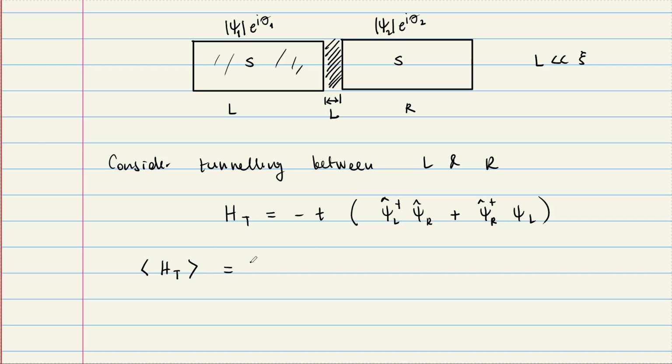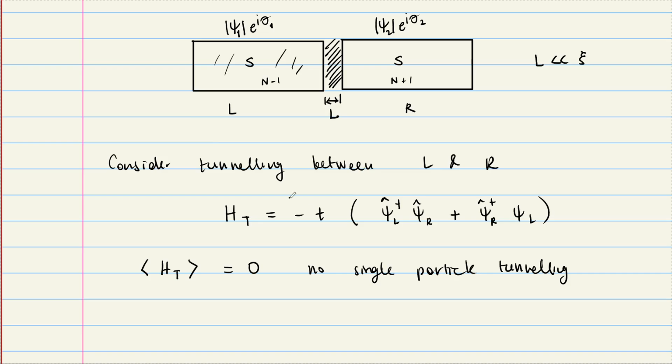You are going to find 0 because if you have n electrons here and n electrons here, after this one there is n minus 1 here and n plus 1 here, and before and after states are not the same, so expectation value is going to be 0. So no single particle tunneling.